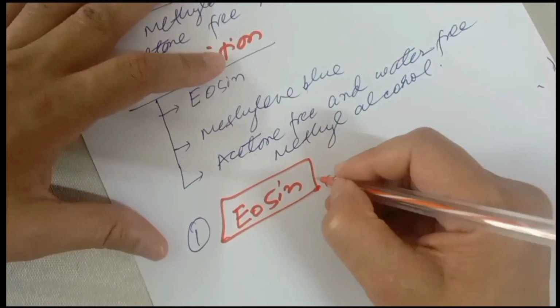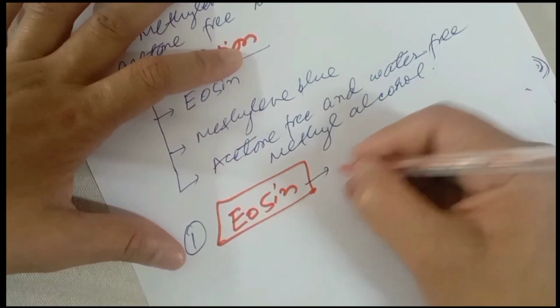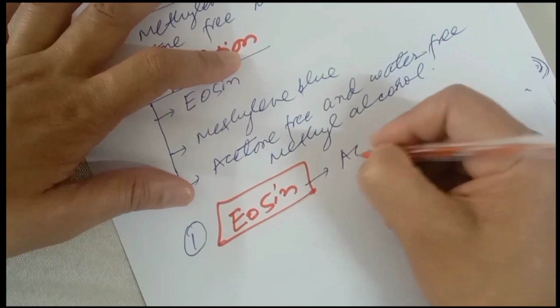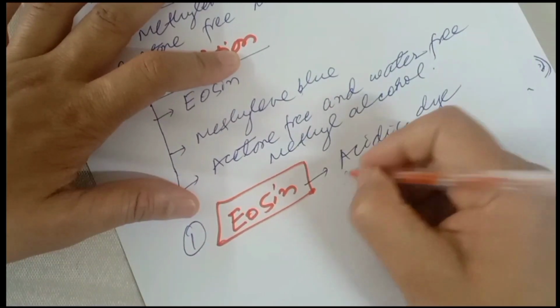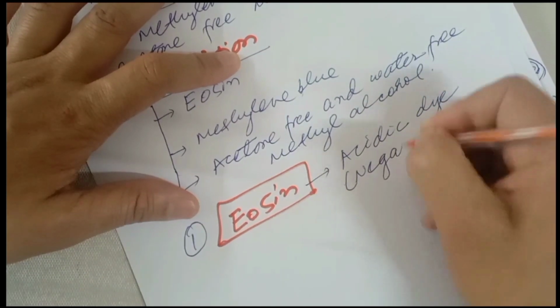Eosin is an acidic component of the dye, an acidic dye, and it is negatively charged.